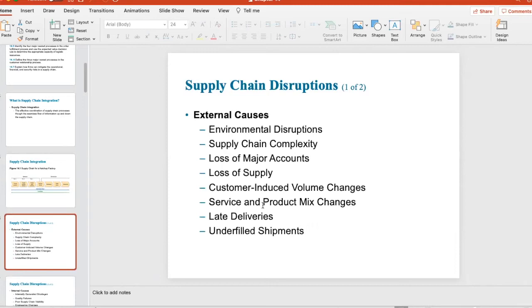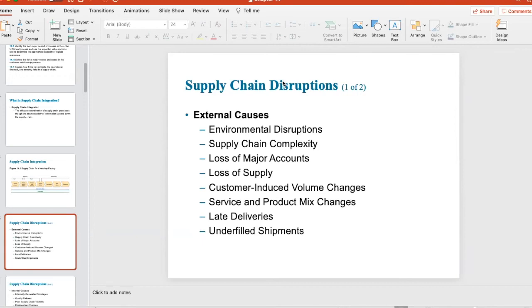First, let's look at the external causes. Normally, the external causes are those that are out of your control, right? Let's look at all those different possible factors. If we have environmental disruptions, for instance, if there is an earthquake within one region, and your supplier or your delivery center is located within this region, then probably you will have some supply chain disruption, and your production line or service line may get affected because of that, right?